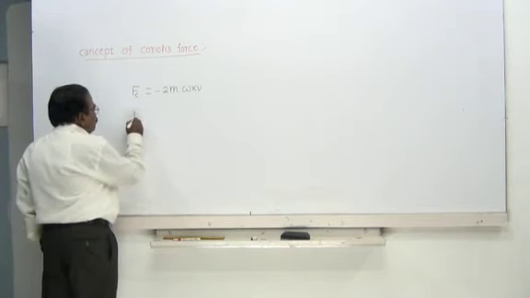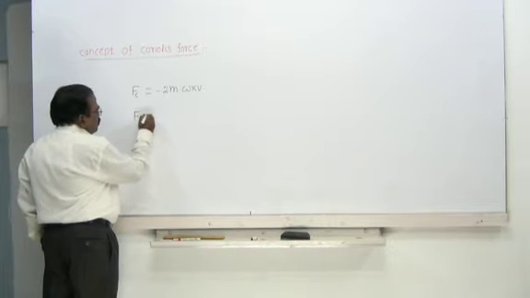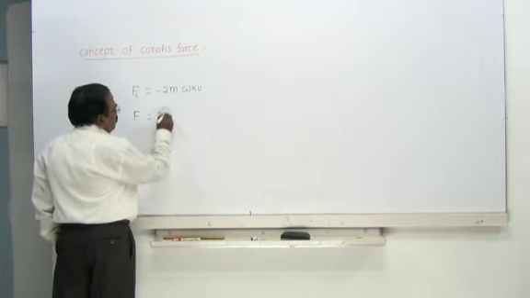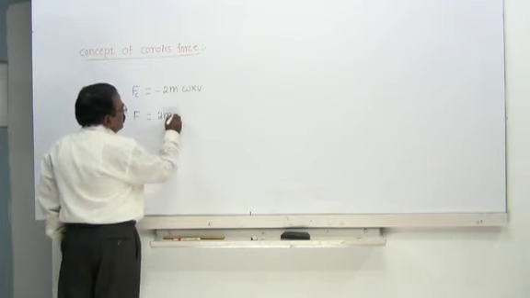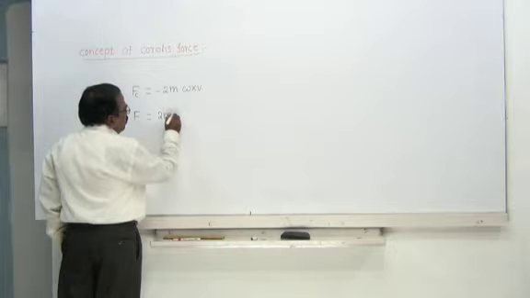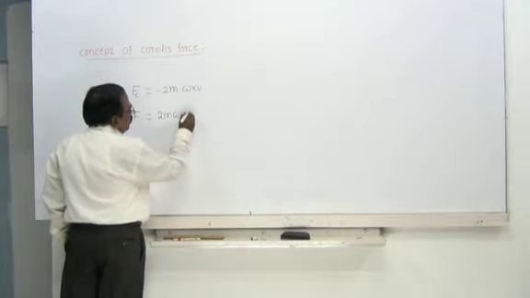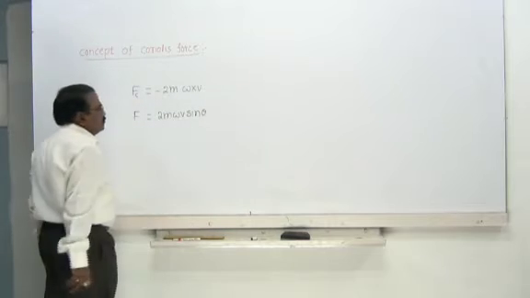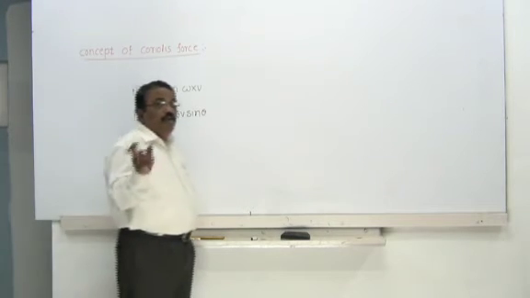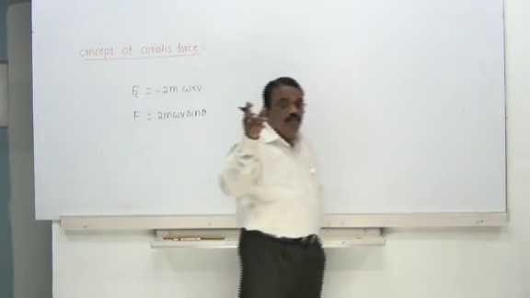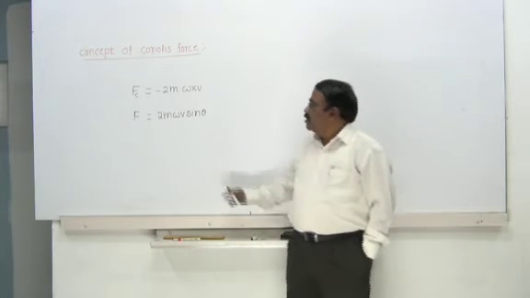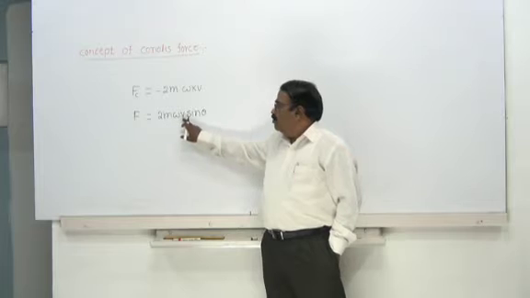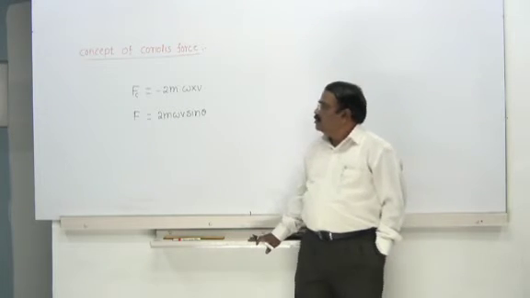Therefore, the magnitude of this Coriolis force is 2m omega V sin theta. P cross Q is equal to PQ sin theta, so omega cross V is omega V sin theta.